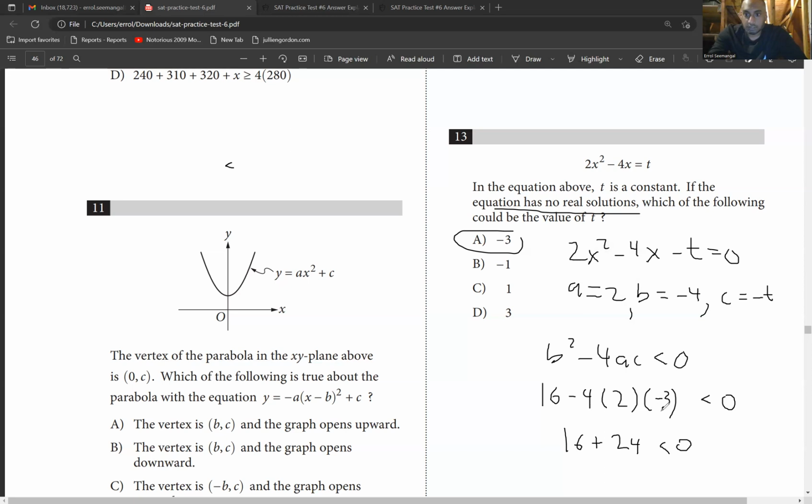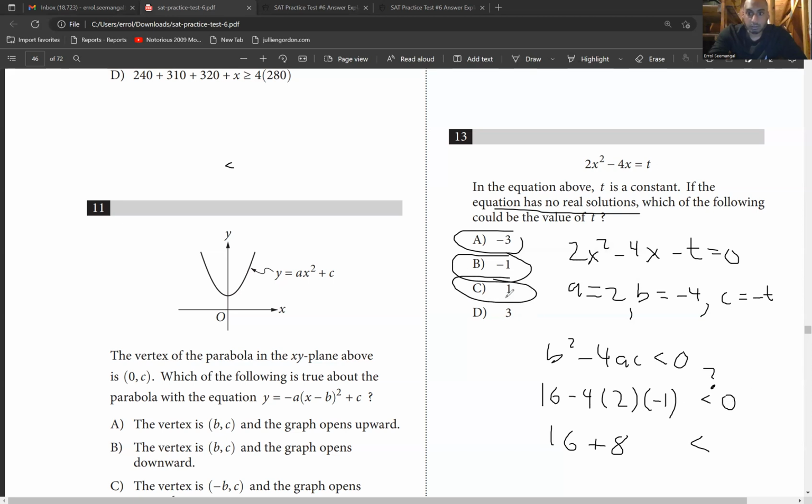This is -6. -6 times -4 is 24. All right, so that one seems to be greater than 0. Let's check this one. Just change this to -1. Is that less than 0? No. 16 plus 8, that's not less than 0.